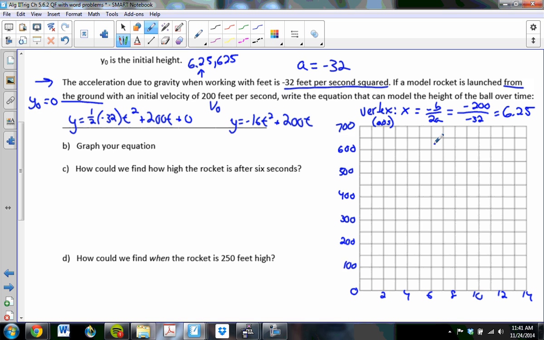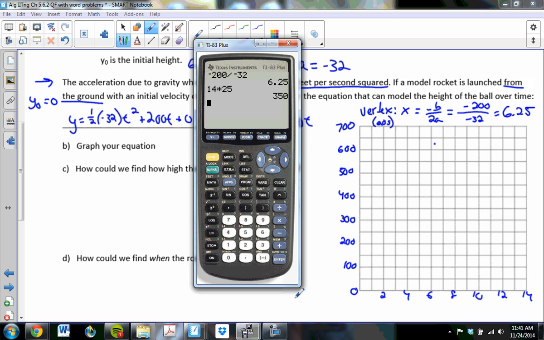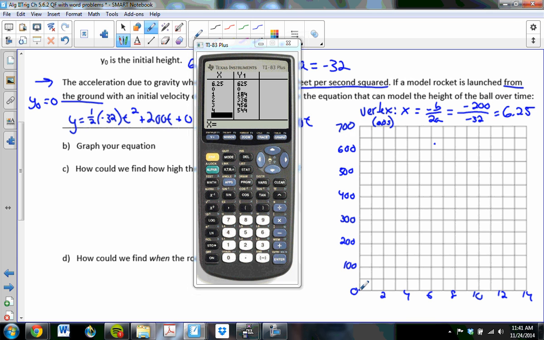Now I can use my table to just find other points. If I go to my table and I plug in like 0, 1, 2, 3, 4, I have the point 0, 0 obviously because we started on the ground.